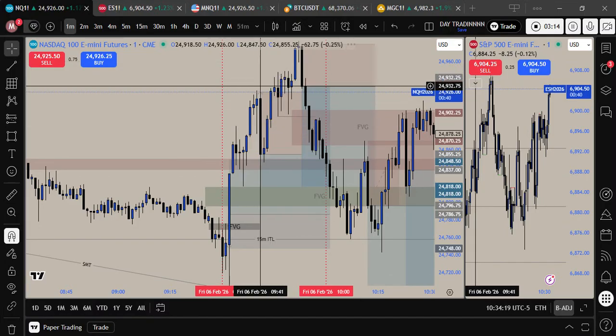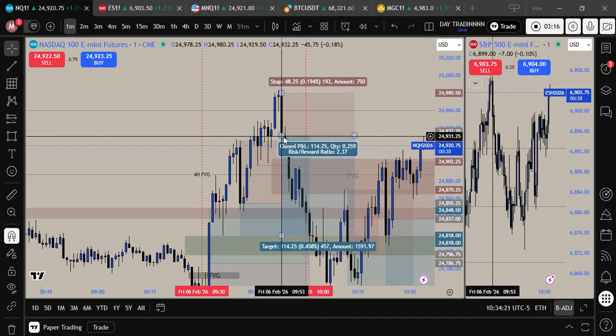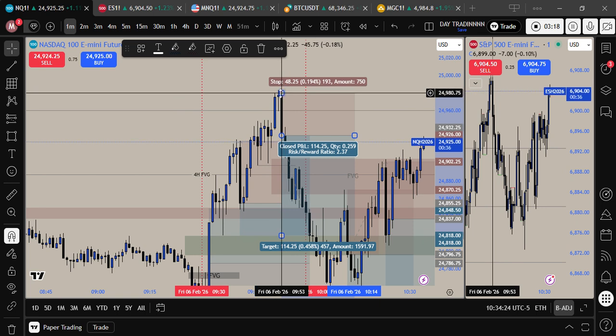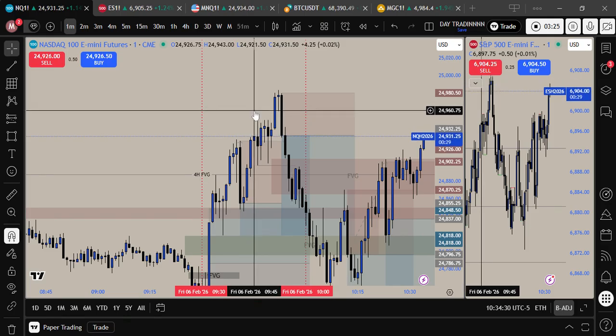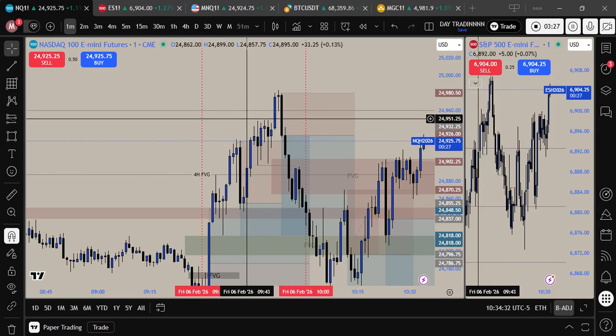The third trade actually was this short, right here. We took out our internal intermediate high, and we got a strong V shape down.